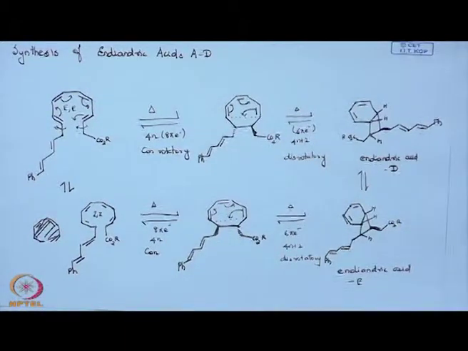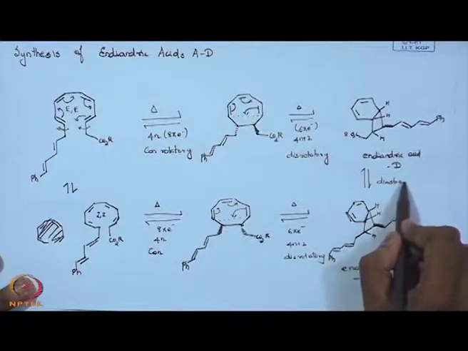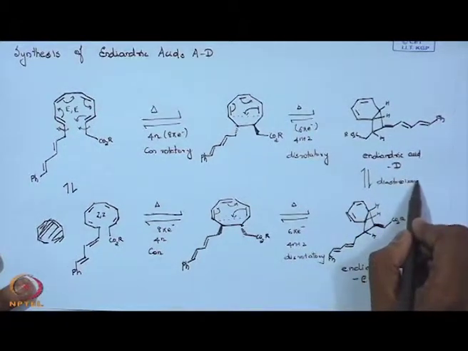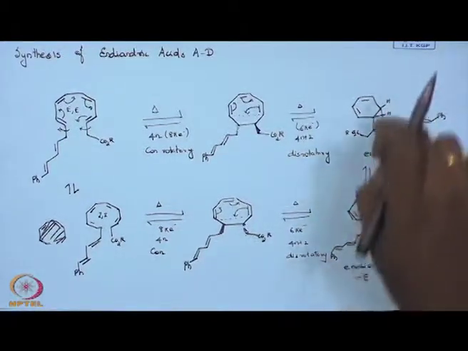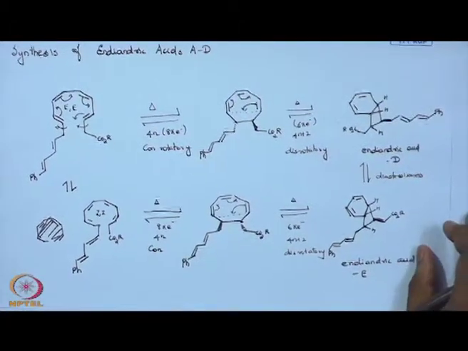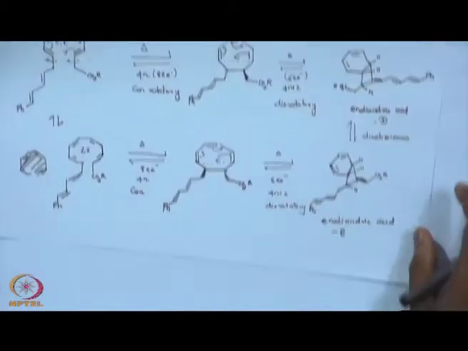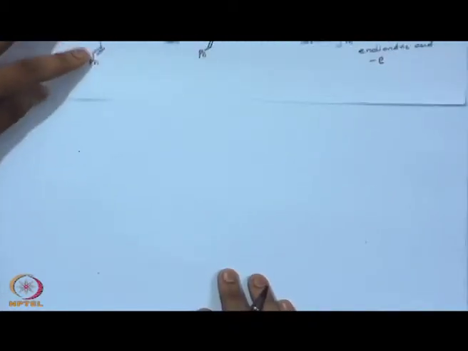What are they? Yes, they are nothing but diastereomers. Stereoisomers. Okay. So, now you have these 2. Now, tell me, okay, I will just write for you one more time the product. I will write endiandric acid D as well as endiandric acid E. Okay, just for your sake.